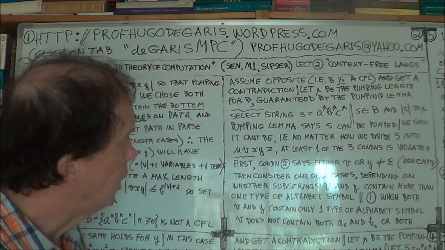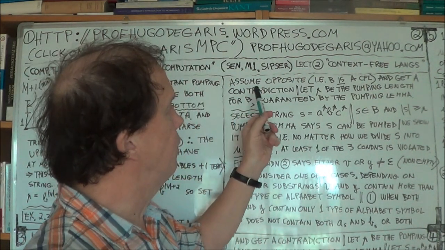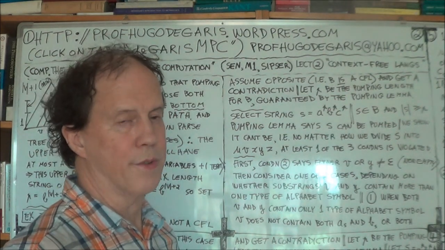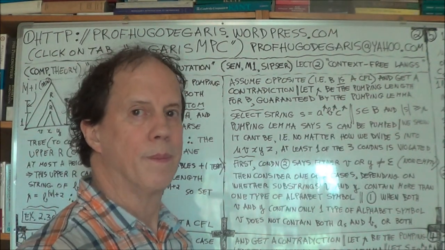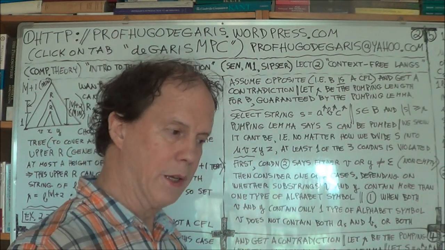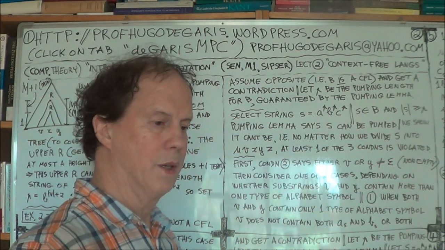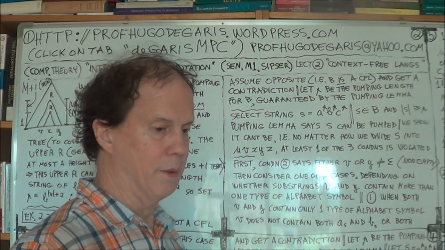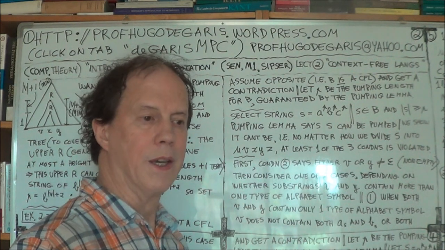And you're asked to prove that language B is not context-free. You'll use this second version of the pumping lemma for context-free languages to prove that.